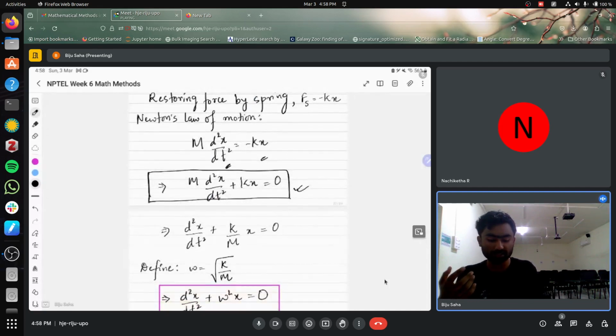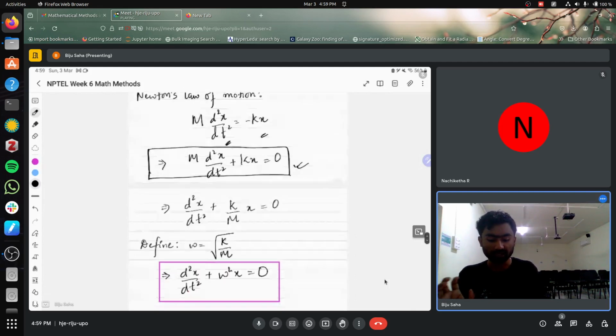Can you please say whether this is inhomogeneous or homogeneous? Clearly this is a homogeneous equation because on the right hand side it is zero. So now let's see how to solve the equation of motion.